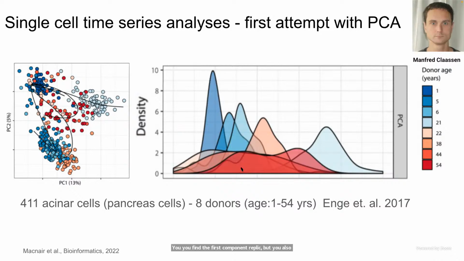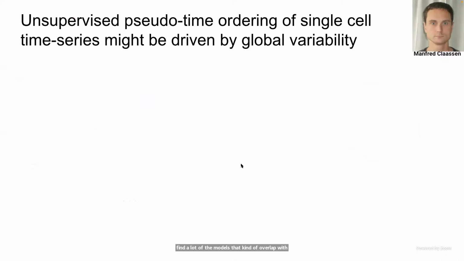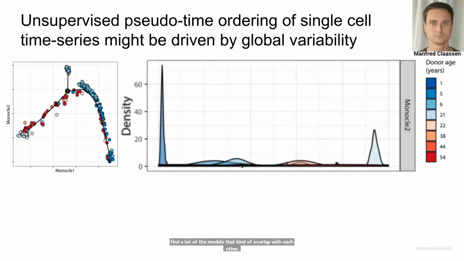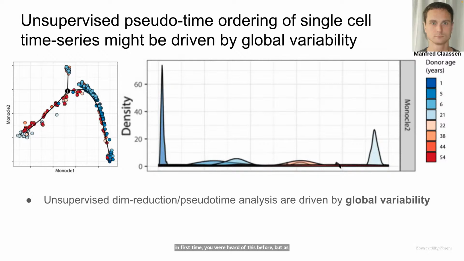with each other. And there's another method called Monocle. If you infer time, you might have heard of this before, but in this example, you will see one of the Monocle components is correlated with time, but they put the age 21 on the rightmost, so basically the first component doesn't quite reflect the true time label we have of the single cells.